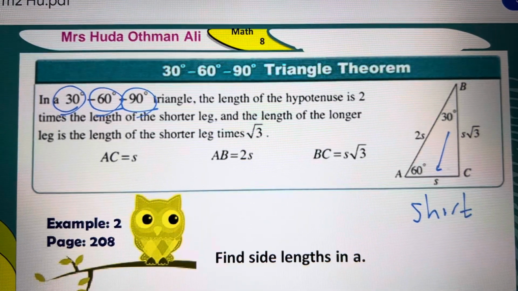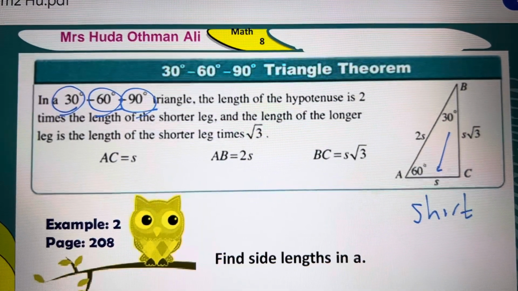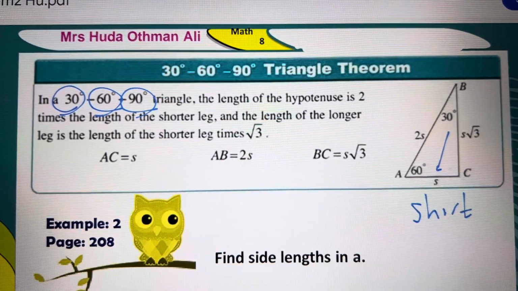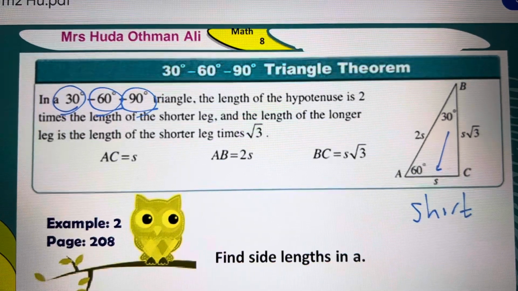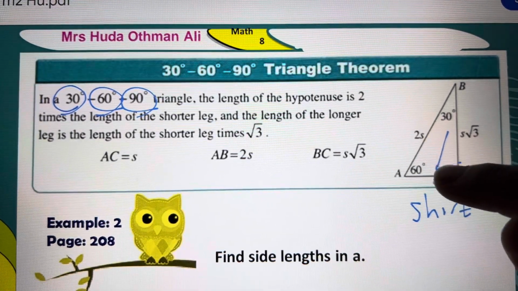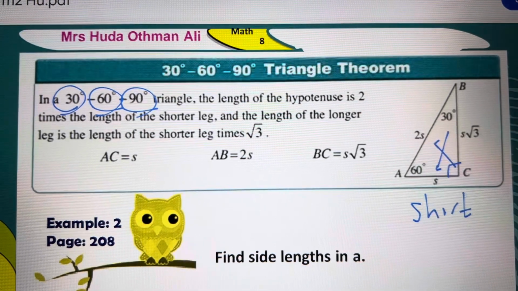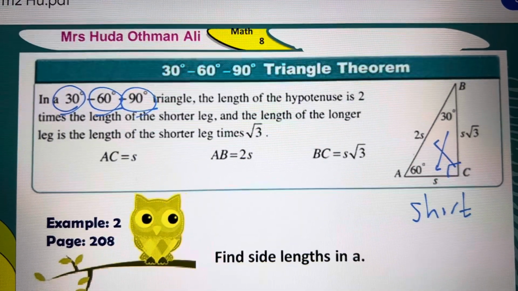Remember, students, the short side for both types of special triangles is the same thing. Both of them, I'm getting X. What is changing here? The hypotenuse, which is opposite to the 90, is going to be doubled. That means hypotenuse equals 2 times the short side, which is S or X.